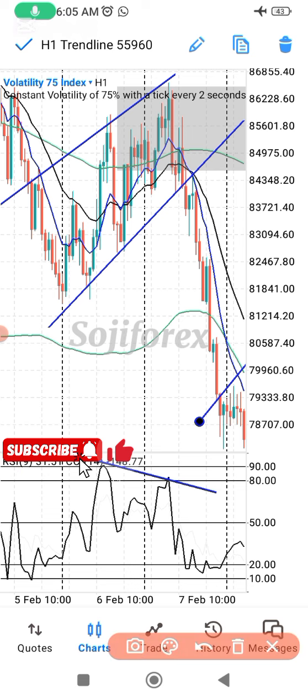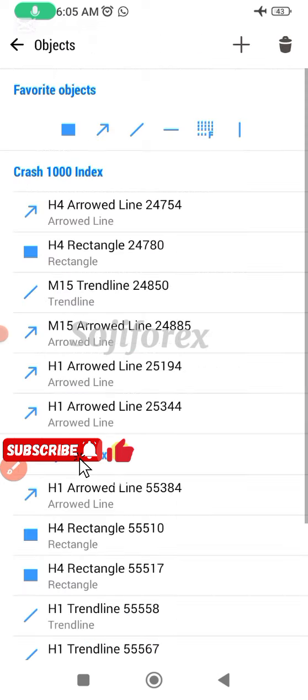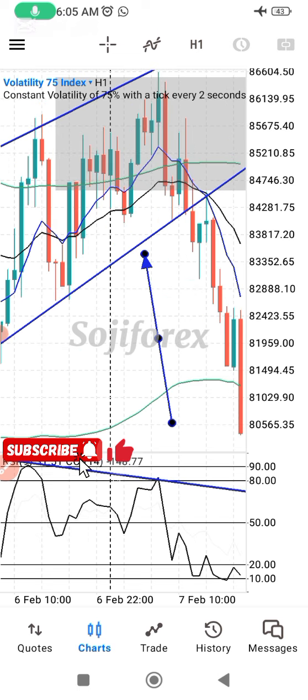Price pulls back again and closes outside the zone, which is closes below the flag. This bearish candle closes below that particular pattern.